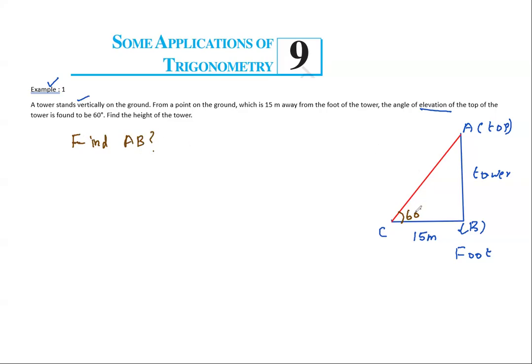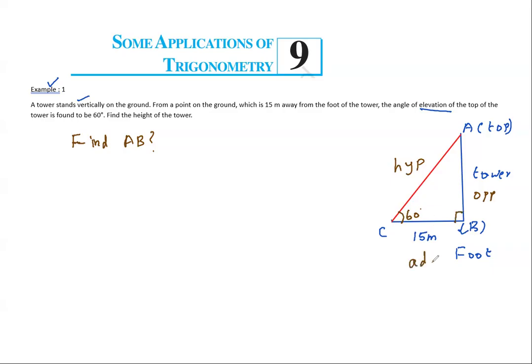Okay, now I have 60 degree, I have 15 meter, and I have to find AB. Now we are going to use trigonometric ratios. Looking from my 60 degree, AB is my opposite side. AC is my hypotenuse side because the side which is opposite to 90 degree is called the hypotenuse side.